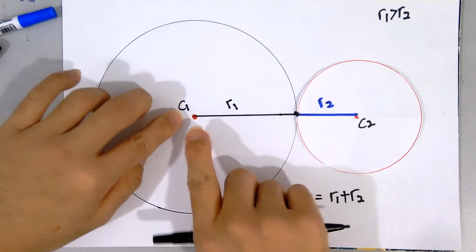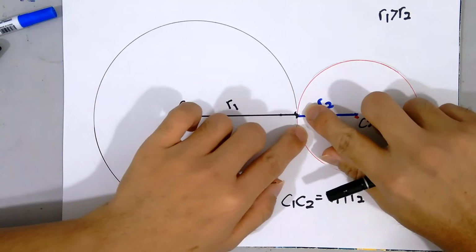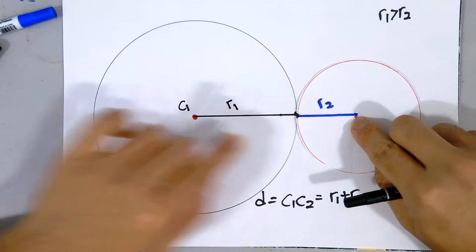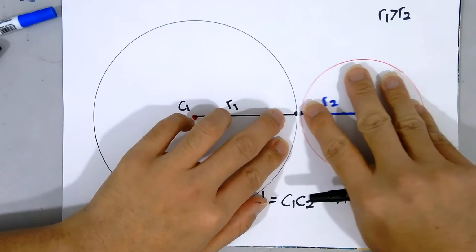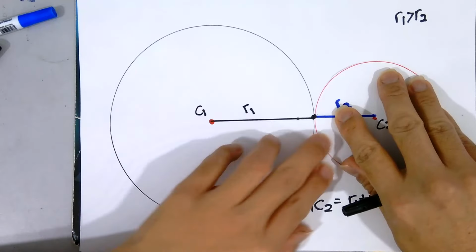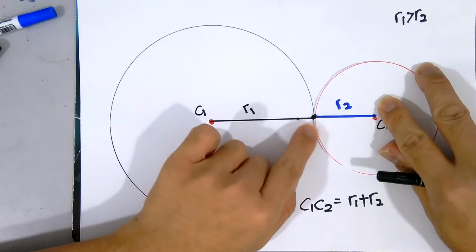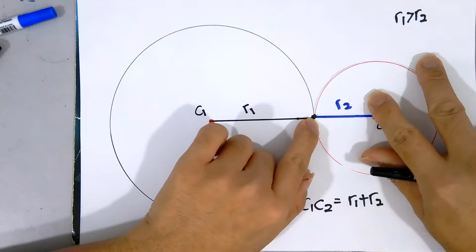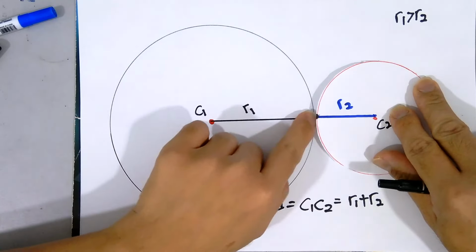If they touch externally, or intersect at a point, they share a common point.